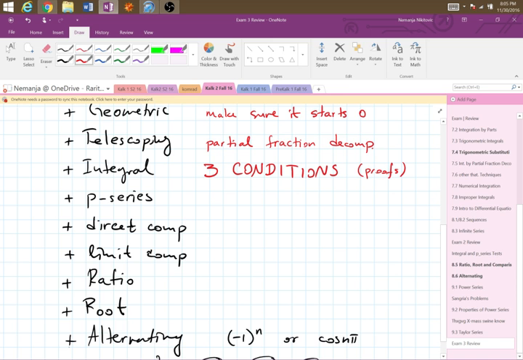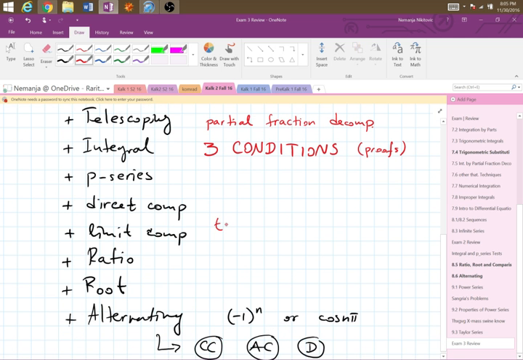No note. Direct comparison, the note says try limit first. And for the limit comparison, we'll say try this first.